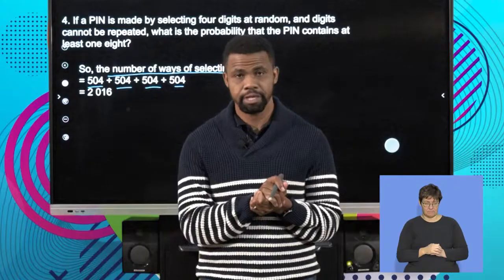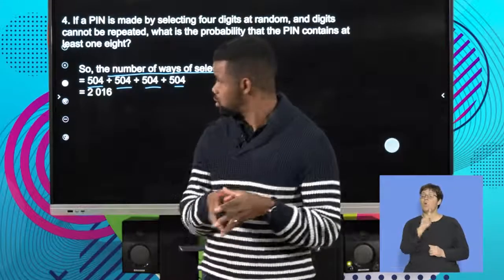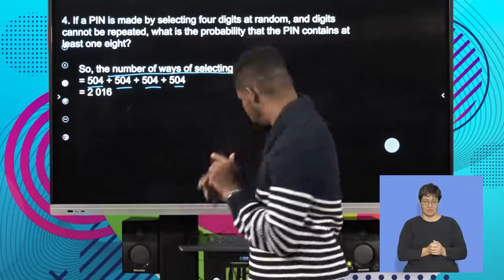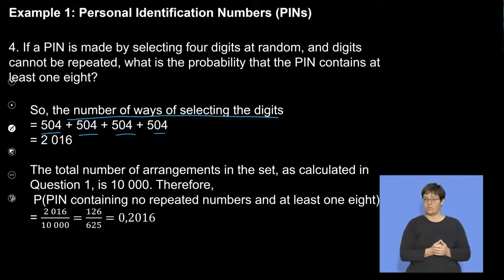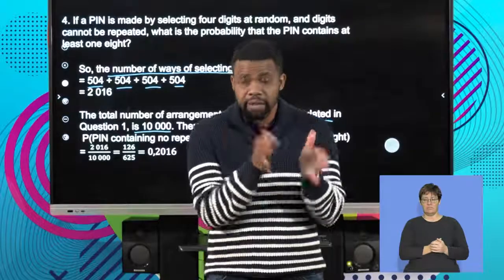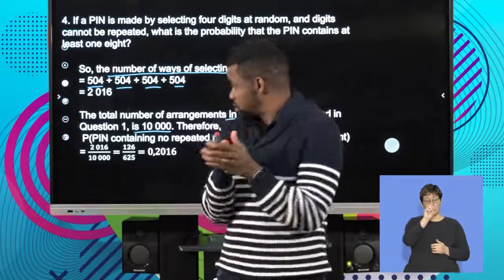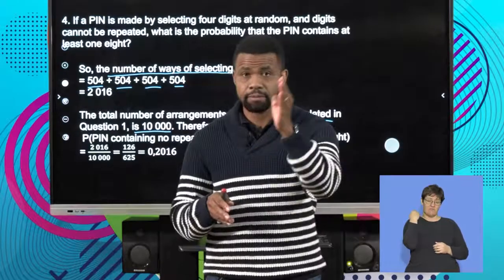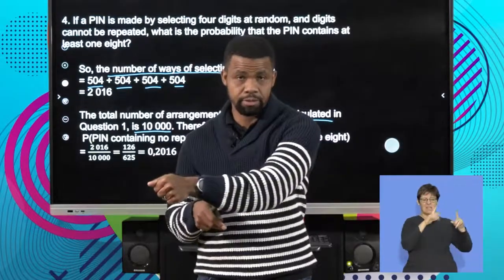Are we together? But the question was asking about the probability. And how do we do that? The total number of arrangements in the sample space, calculated in question 1, was 10,000, for a 4-digit pin where repetition is allowed, which was 10 times 10 times 10 times 10. Are we all together?